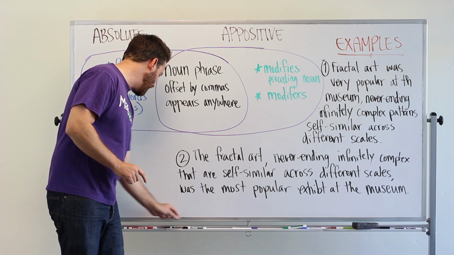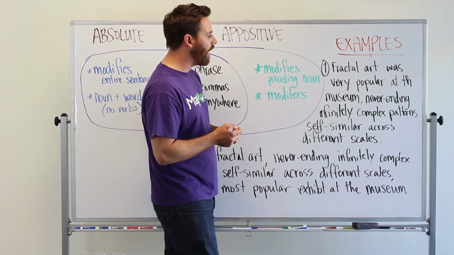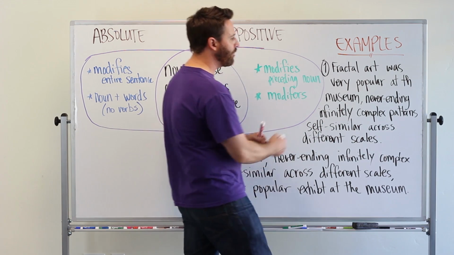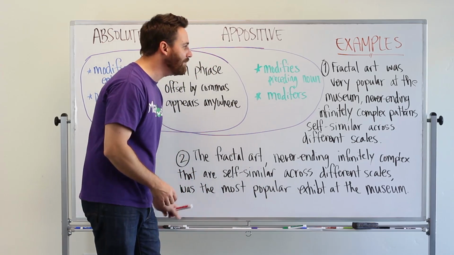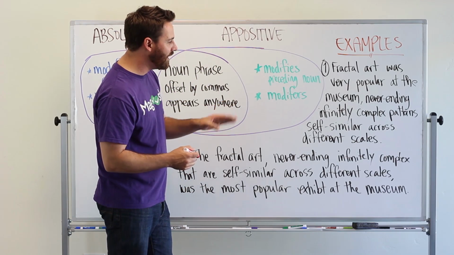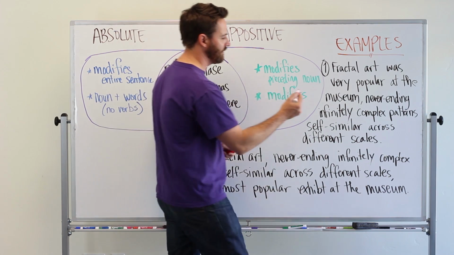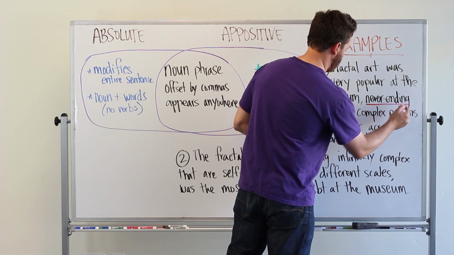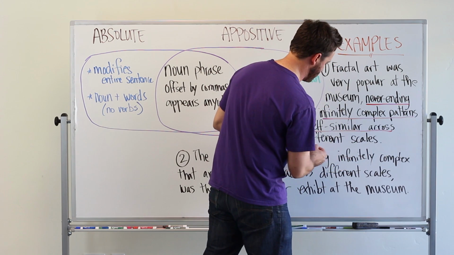So let's take a look at number one. Fractal art was very popular at the museum. Never-ending, infinitely complex patterns, self-similar across different scales. Okay, so this is our phrase coming at the end of the sentence.